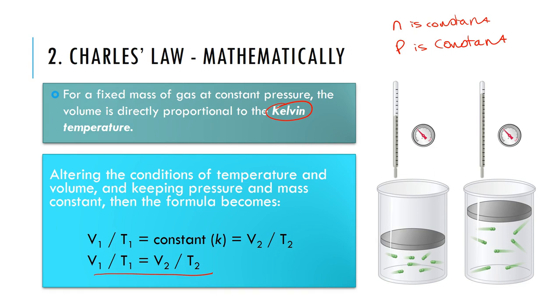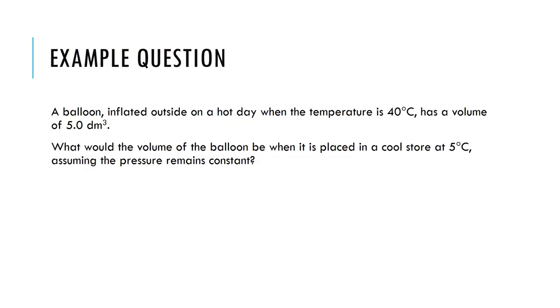So remember, Boyle's was P1 V1 equals P2 V2. This is because of the inverse relationship. Charles's is going to have V1 over T1 equal to V2 over T2. So this time we're doing a division rather than a multiplication. Important to remember. Let's have a look at a couple of examples.